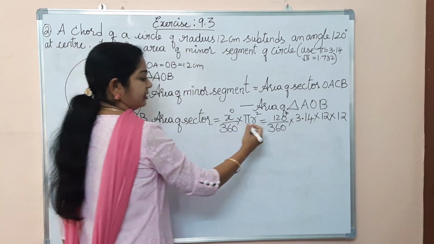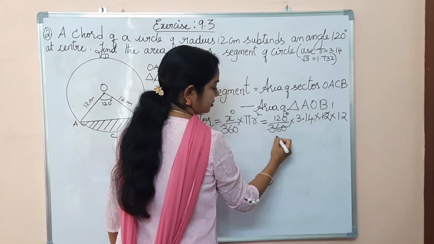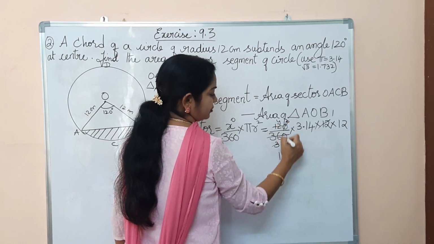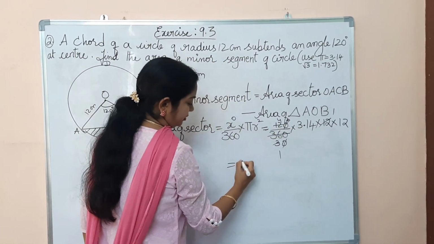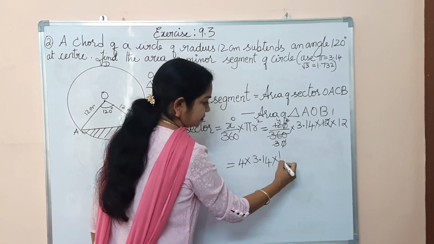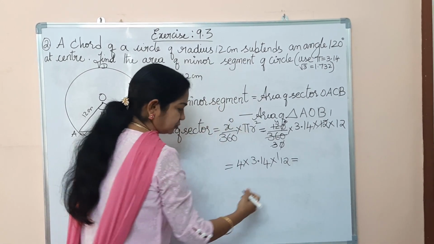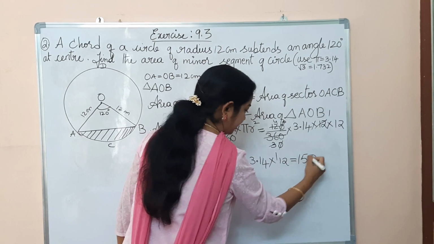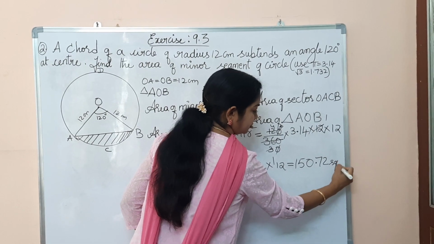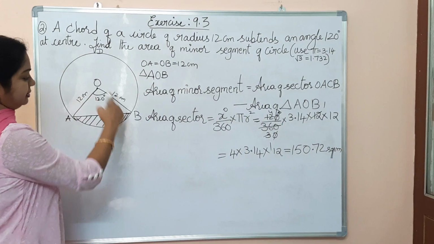So when you simplify this, cancel it, 12 ones, 12 threes, 0, 0, we can cancel, 3 ones, 3 fours. So we'll be getting 4 into 3.14 into 12. It comes up to 150.72 square centimeters. This is the area of the sector.